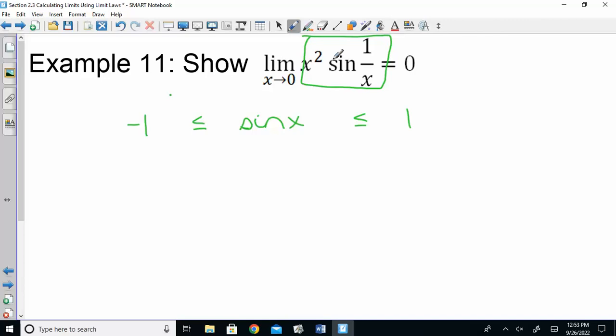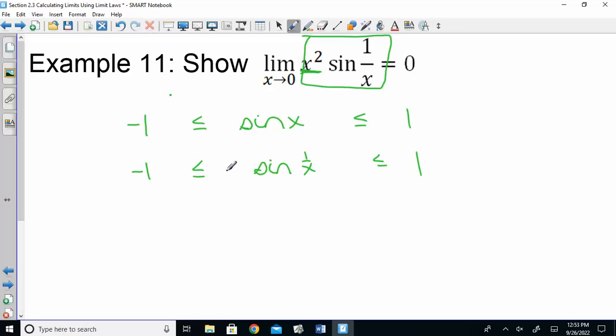So I want this to be a 1 over x. Is it still true that sine of 1 over x would fall between -1 and 1? Yeah, because no matter what my angle is, the amplitude won't change. So my next step, and I'm picking that just because my angle is 1 over x. If this angle were 3x, then I would have made that a 3x there.